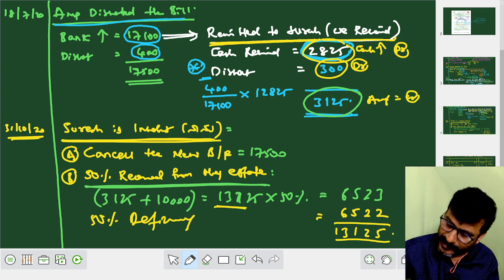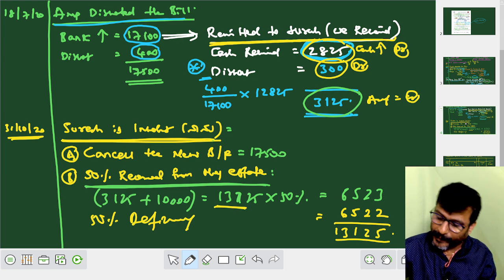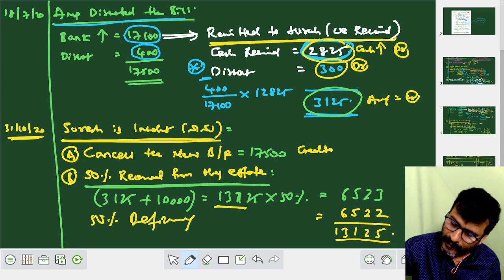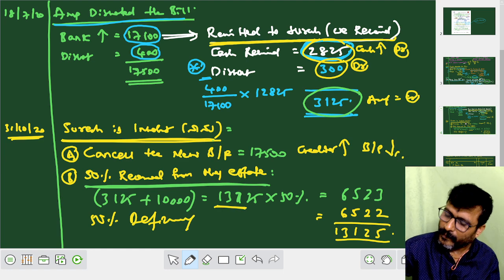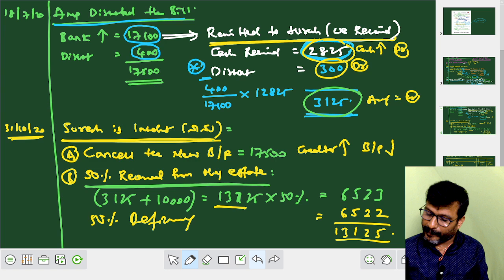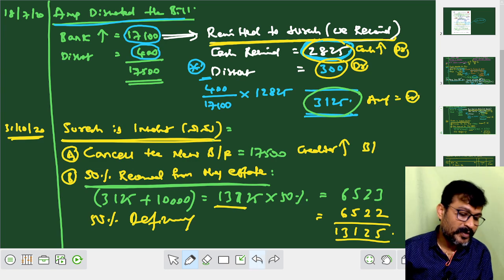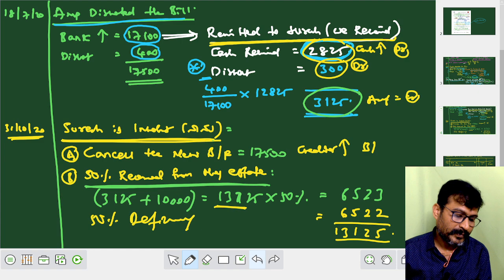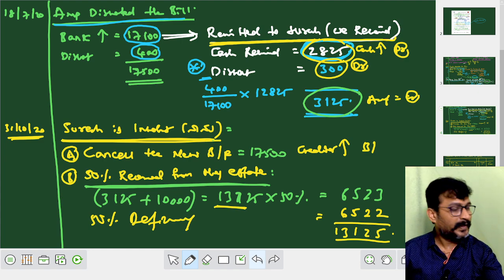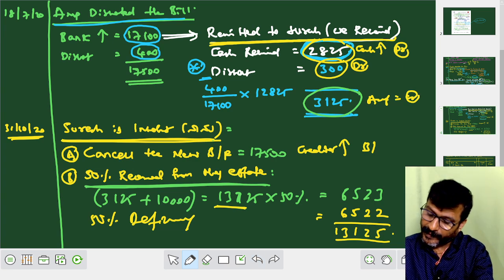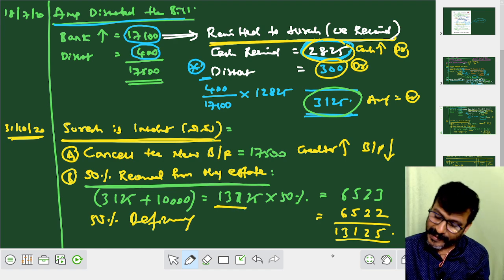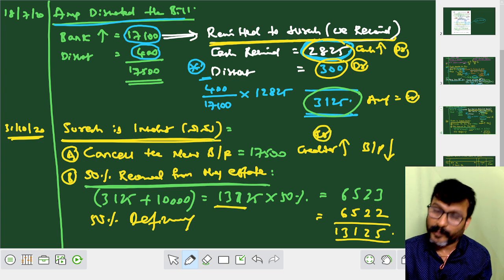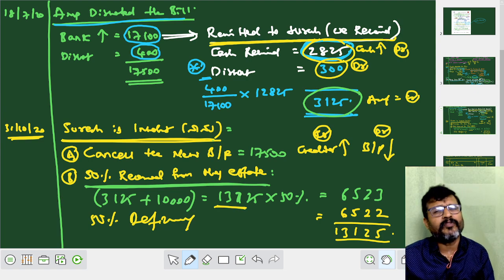When new BP is cancelled, please remember, your creditor increased and BP decreased. Now what to do? Creditor increased, as a liability increased, it is to be credited. BP liability decreased, debited. It is just a reverse entry of bills drawn.